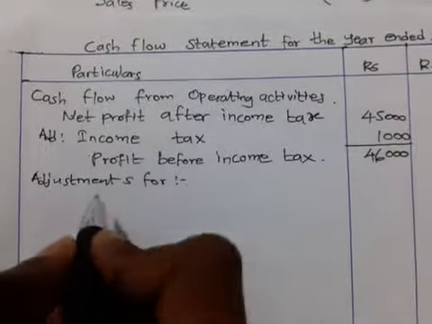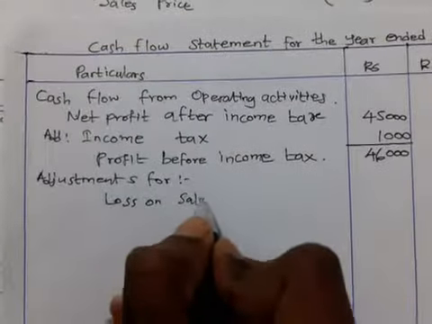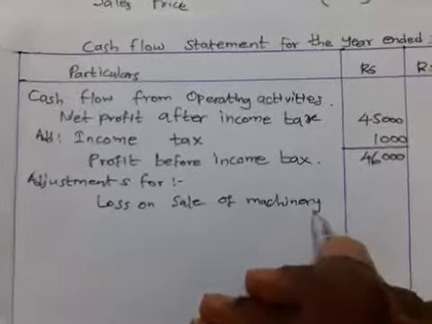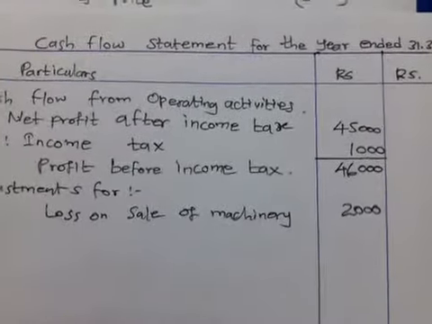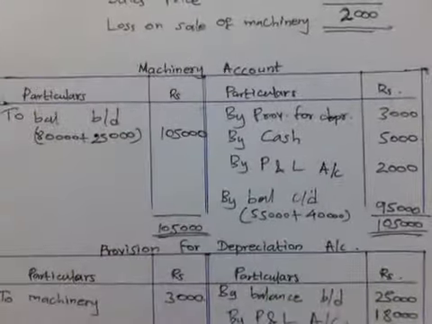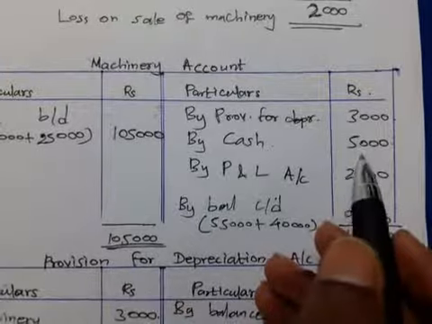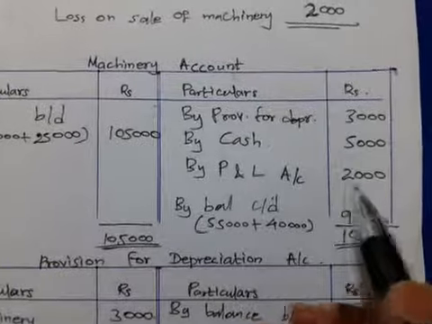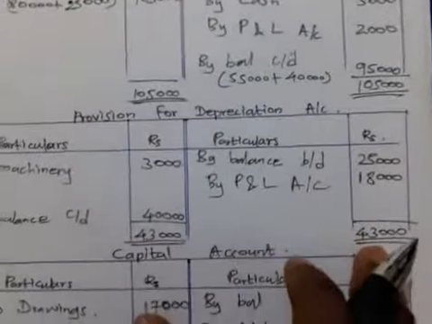We'll add loss on sale of machinery, $2,000. And the next thing, in this case two things only we have to record. One is cash received, though that we have to record in investing activities, so we will record that next after finishing the operating activities. First record the things that belong in the operating activities.